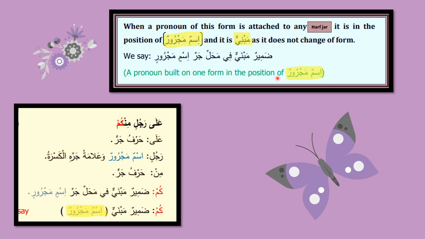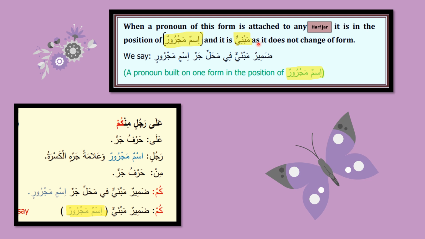Similarly, as you learned, the noun coming after a harf jar is in the ism majroor position, it is the same when the attached pronoun is attached with the harf jar. So when a pronoun of this form is attached to any harf jar, it is in the position of ism majroor, and it is mabni.